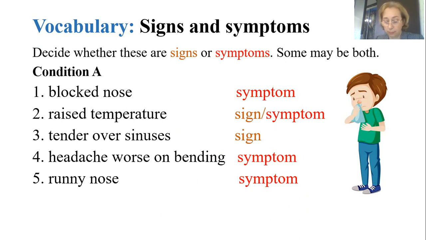Because he has a runny nose or blood nose. And what is your diagnosis? He has a flu, a cold. Yes, yes. So tender over sinuses is sinusitis, right? And yes, it's a cold.